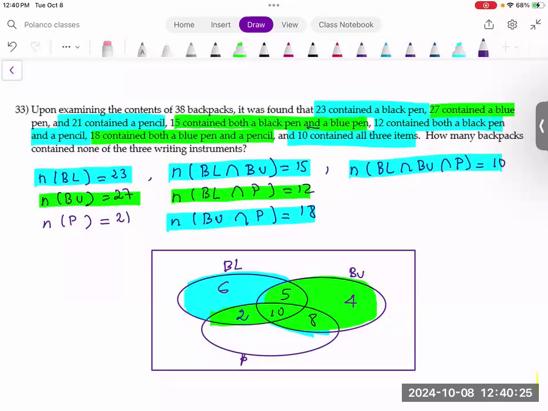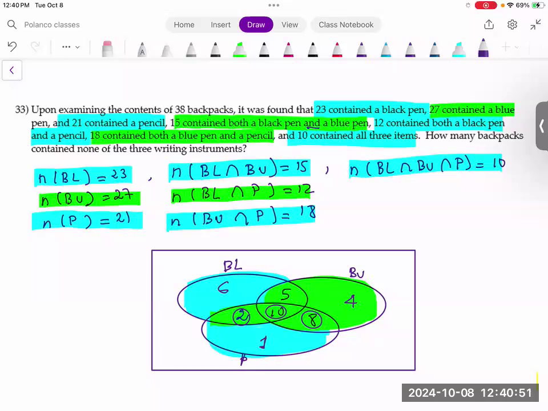And the last statement, which is pencil, on the circle of pencils, it would be this one, the last one. And you can see there are 2, 10, and 8 in there already. So that's 20. To go from 20 to 21, I'm missing 1. So only one backpack has pencil only, right?